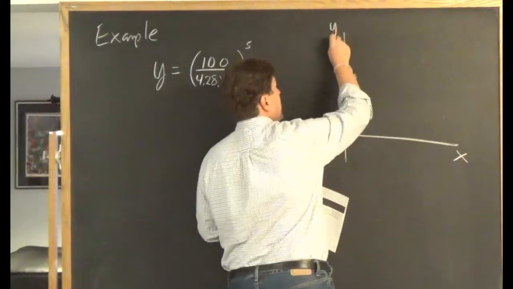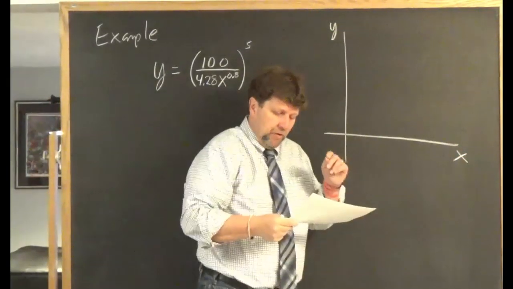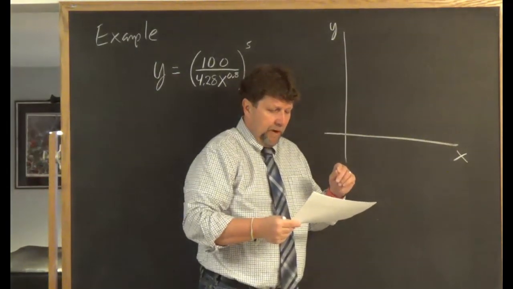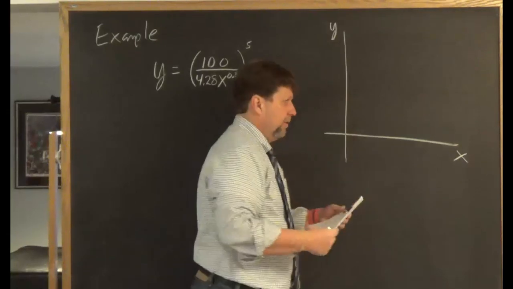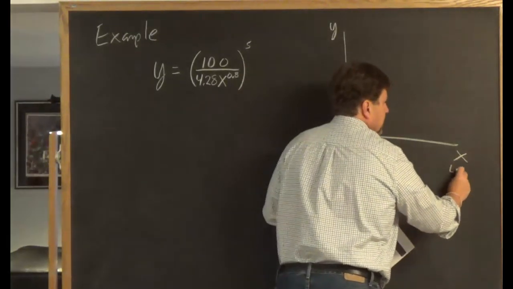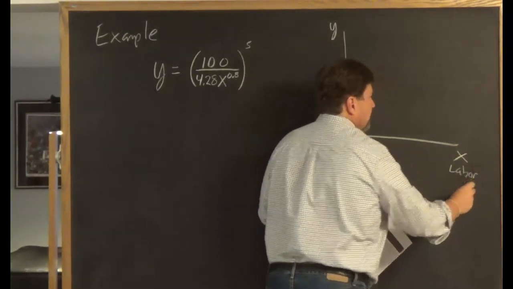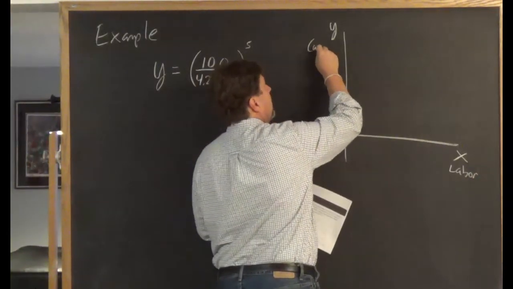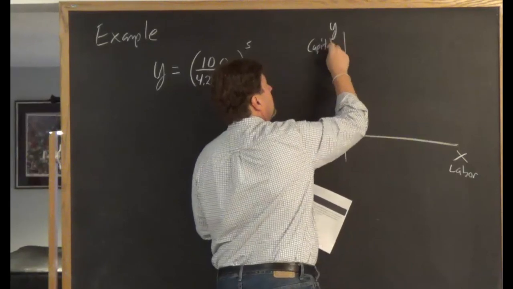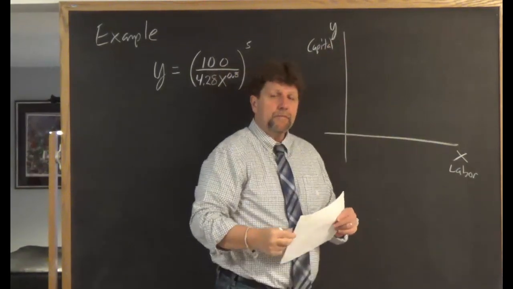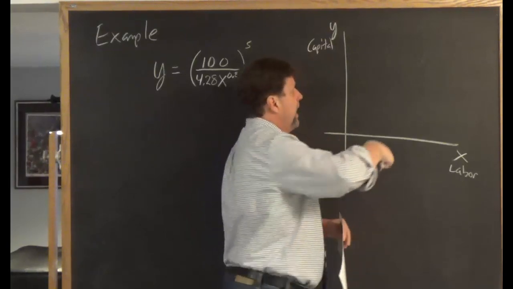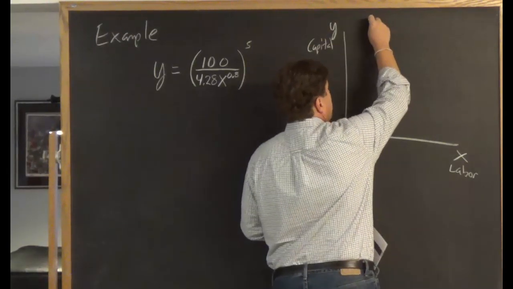So you need to label that as X and Y, but you also need to label what X represents. And X represented the number of labor hours. So at least label the x-axis as representing labor. And then the y-axis was the capital investment.